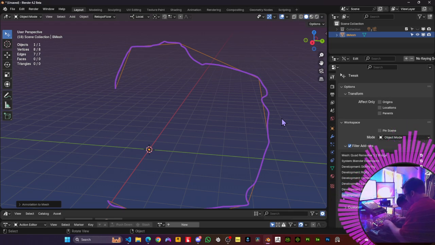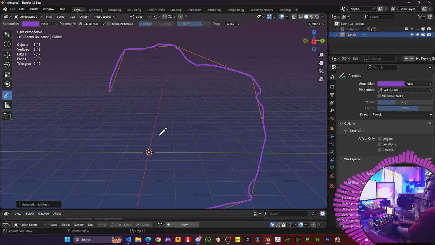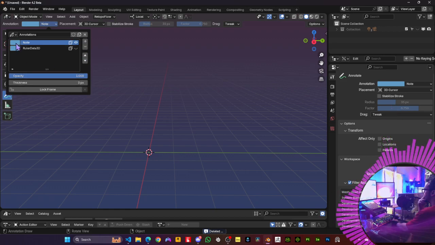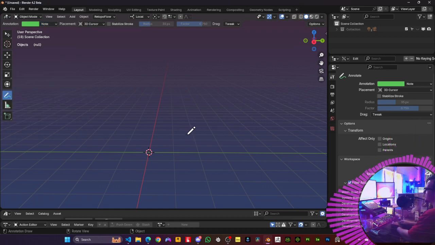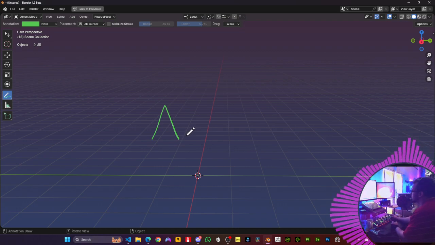Okay, let's see where this fails. I like to keep changing color so I don't get bored. Right.